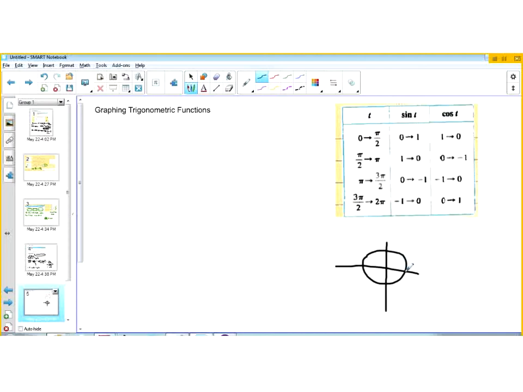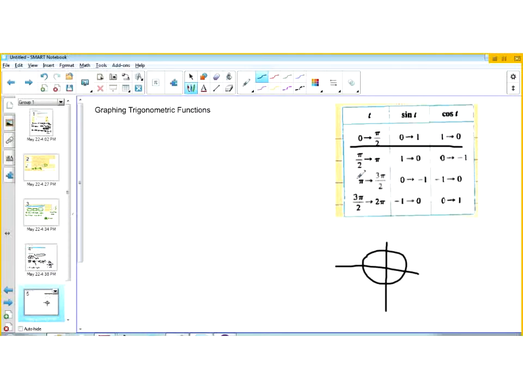And so, as you can see, as t increases from 0 to pi halves, the ordinates of each terminal point range from 0 to 1. It takes on all values between 0 and 1. And the abscissas of the terminal points range from 1 to 0. So that's easy enough. So we'll account for that in our graphs, which we'll do very shortly.